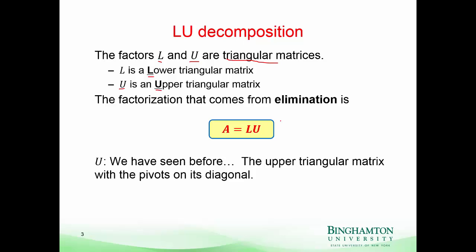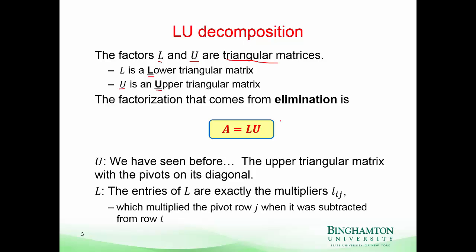And if you remember, that ends up having the pivots on its diagonal. And then the L, believe it or not, will be a lower triangular matrix that has all those multipliers that we use to create the upper triangular matrix. So all the multipliers that we use will fill the lower entries of the L matrix.